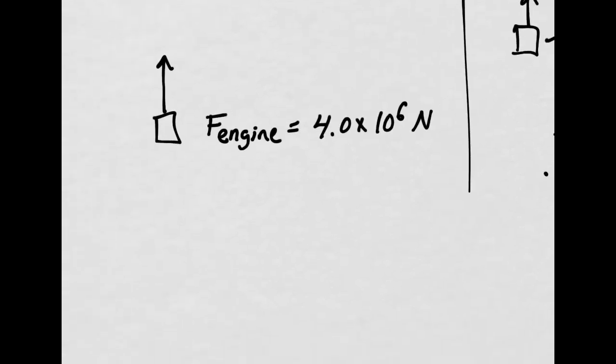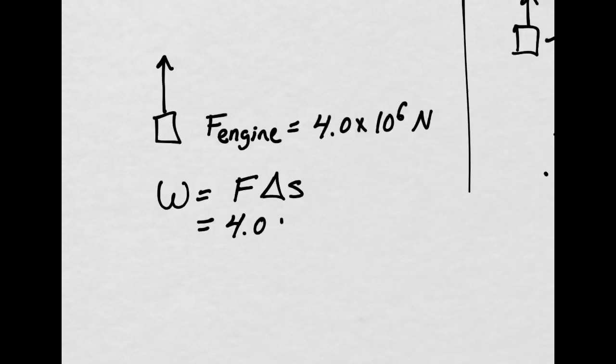So we're going to use our work equation. If the force is constant, work is equal to the force times the change in distance. So this is equal to 4.0 times 10 to the 6 newtons times our height change, which is 500 meters.